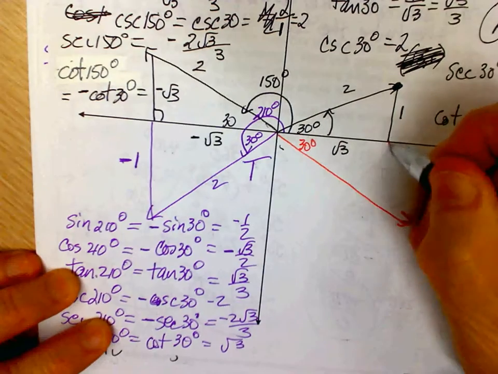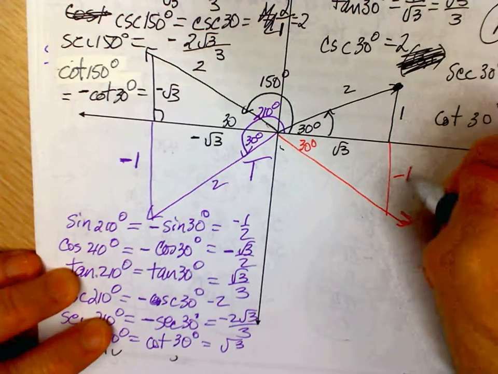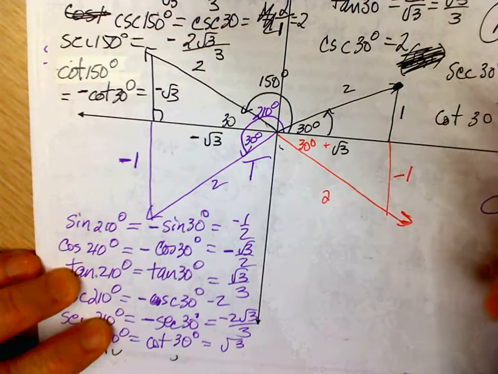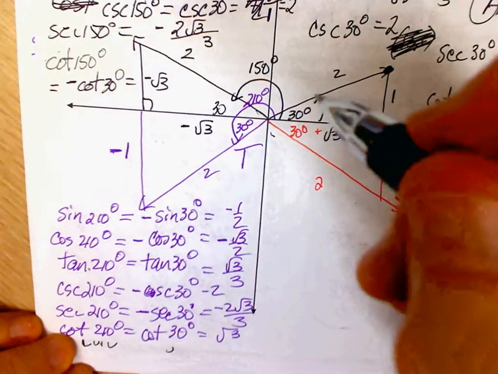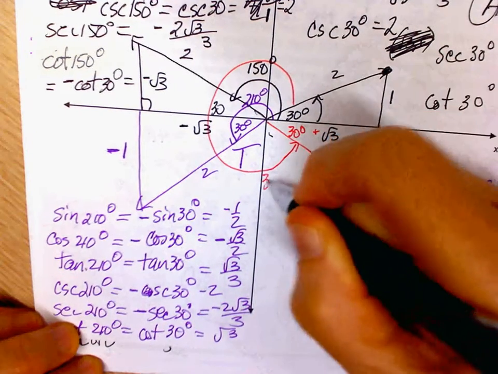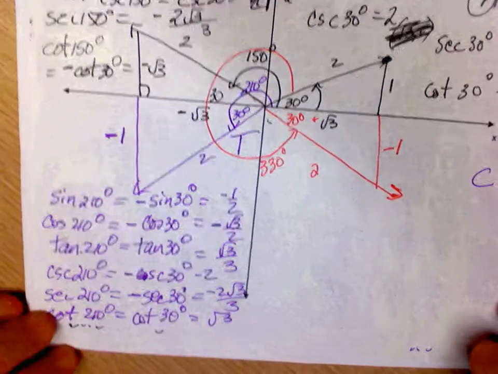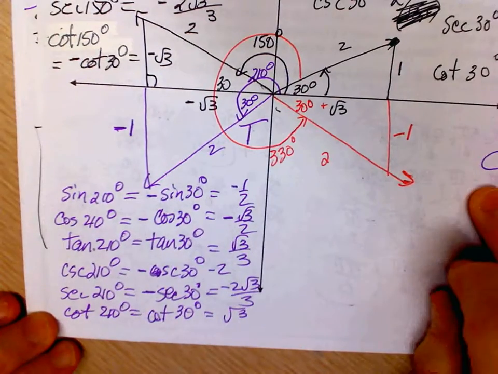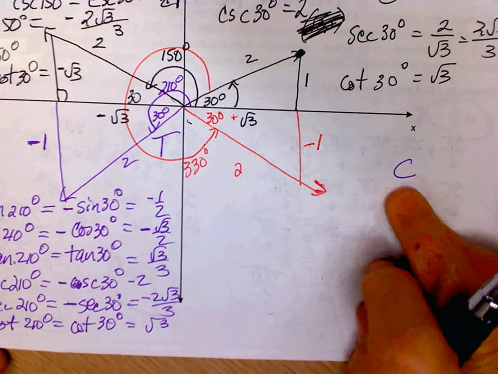Now this is going to be negative 1, this is 2, this is positive, and well, the angle is 330, but the related acute angle is 30 degrees, right? So the only one that's positive here is cosine and its reciprocal.